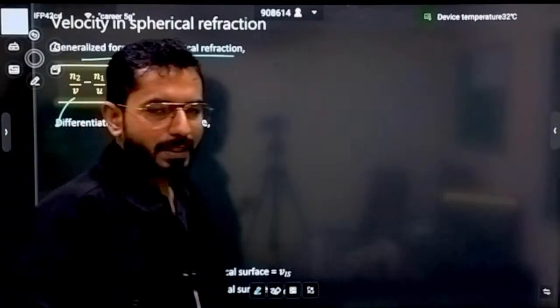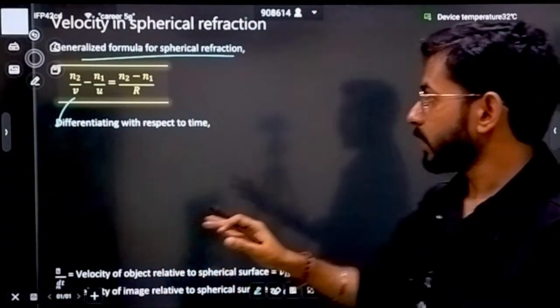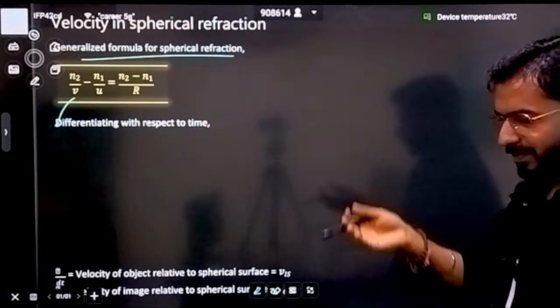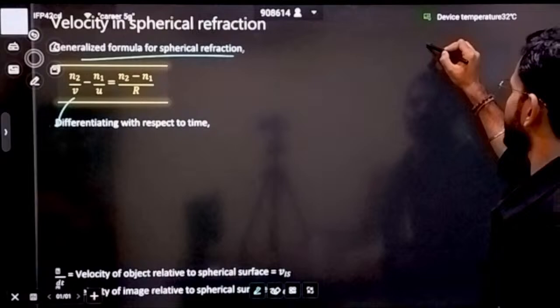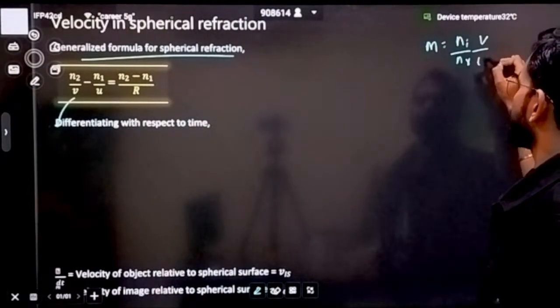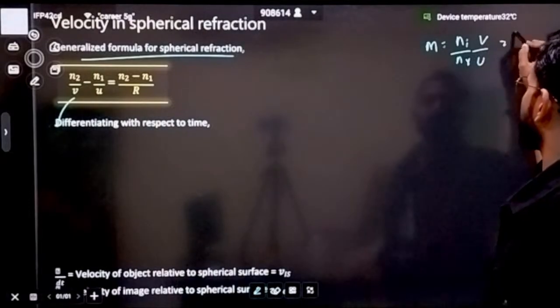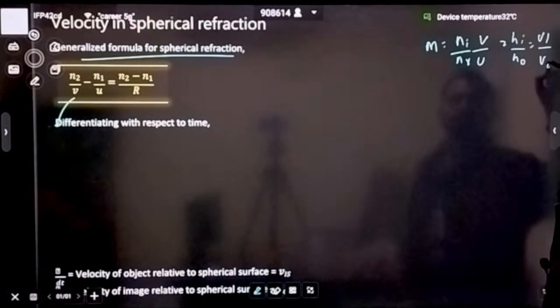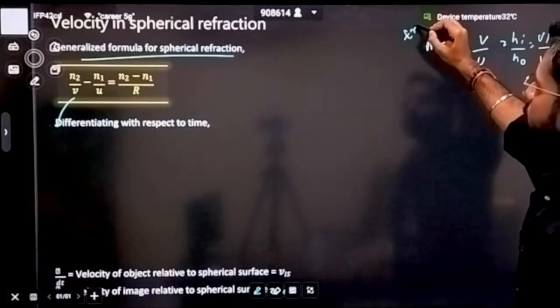I've always told you it is a very simple way, and this is for the longitudinal case. If in transverse you have to write what you always write, magnification is equal to Ni by Nr multiplied by V by U. This is height of image divided by height of object. The same formula will go for velocity of image divided by velocity of object in case of transverse.